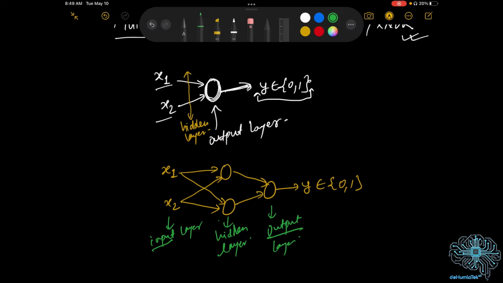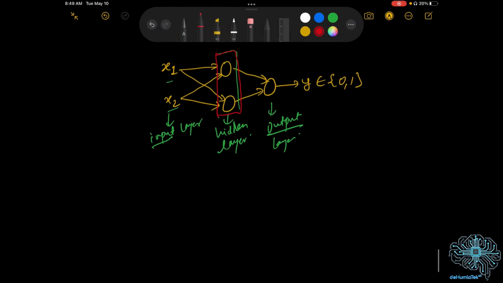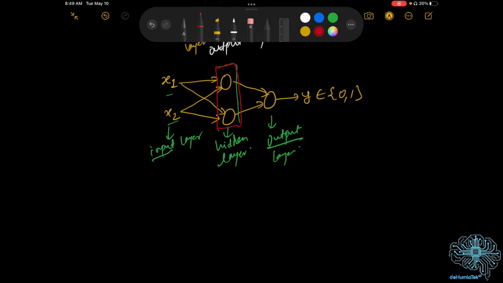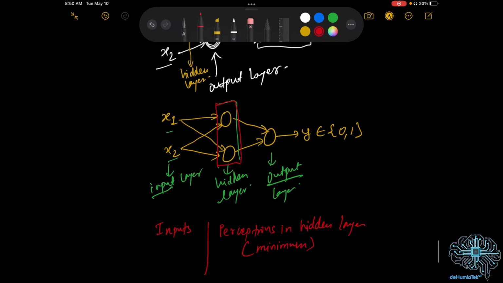Now for different inputs, there is a minimum number of neurons that has to be in the hidden layer, and that is going to be 2 to the power n, where n is the number of inputs, and we count perceptrons in the hidden layer. It is the minimum because here we have defined 2, but we can go with a lot of perceptrons.